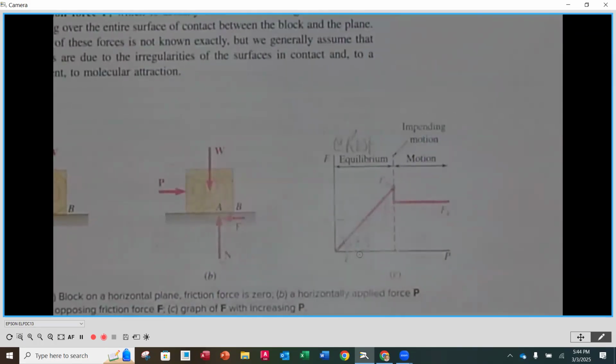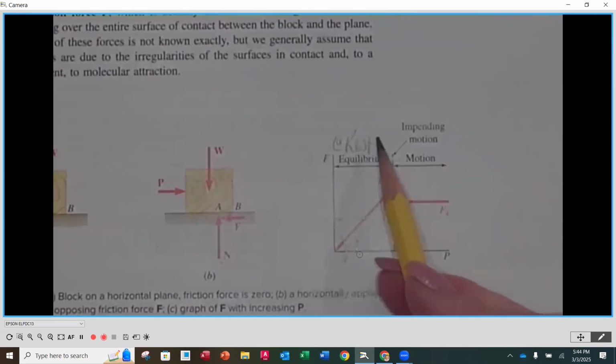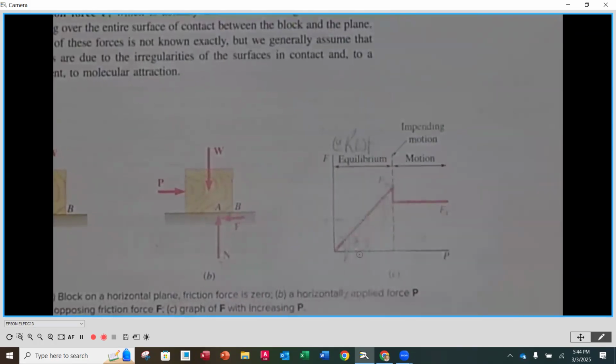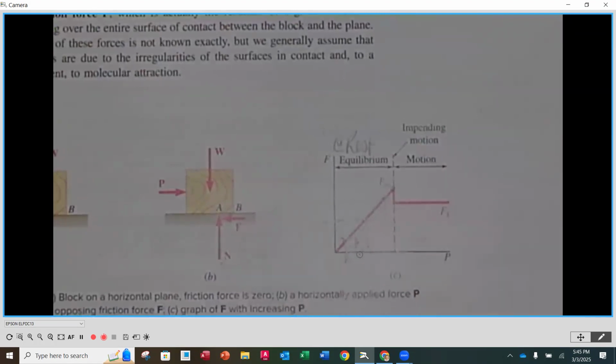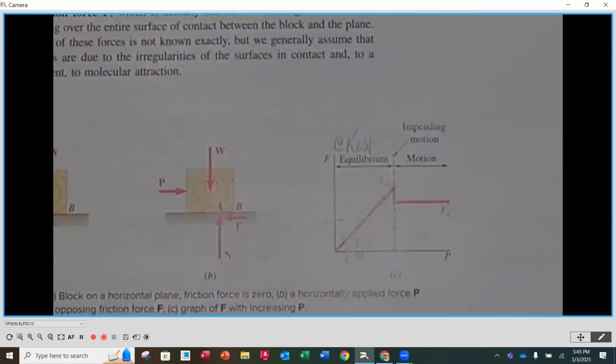That's an important number because anything less than it, I am at rest, which means the friction force is equal to the pushing force. Anything over that number, if I'm to the right of it, I am in motion.